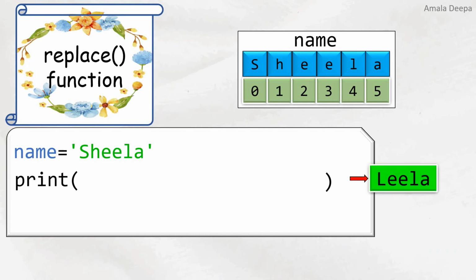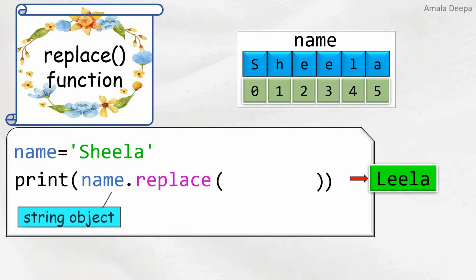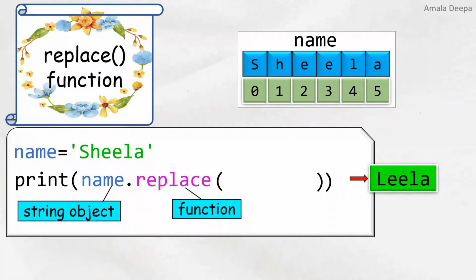I will take a print statement, and within the print statement, first I will write the string object name dot replace with the parenthesis. Here name is the string object, dot, and replace is the function. So this is the syntax which should be followed to use the replace function.